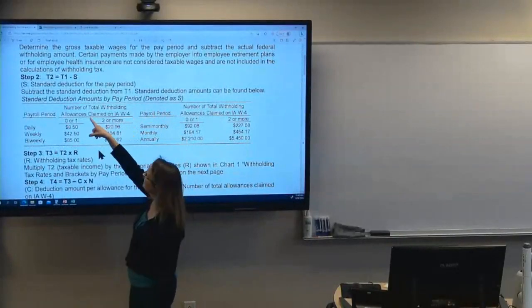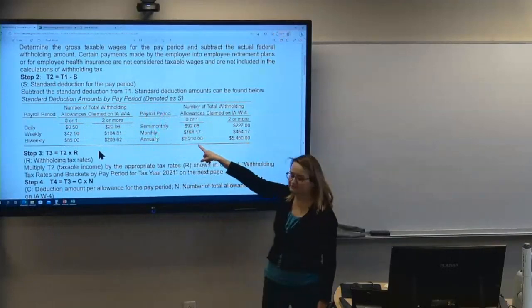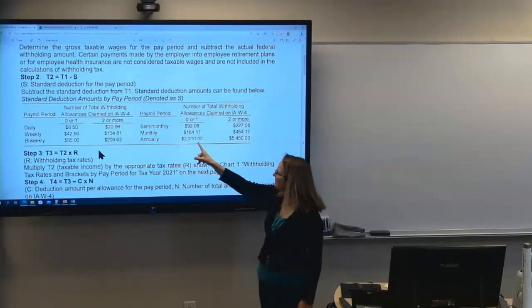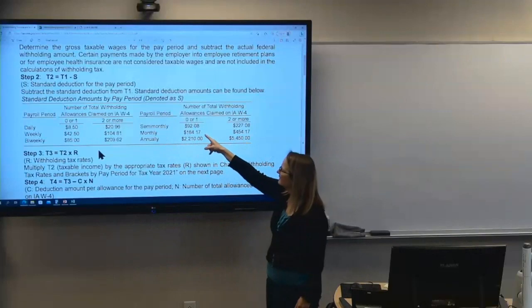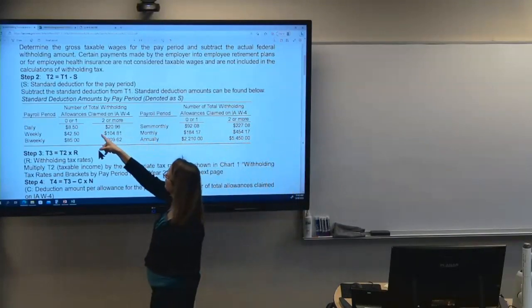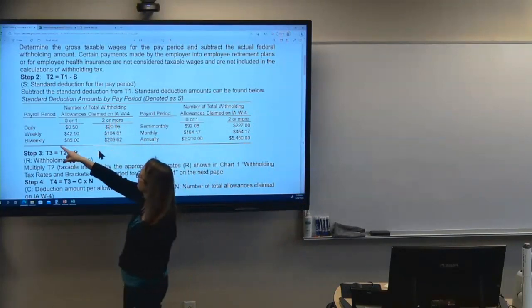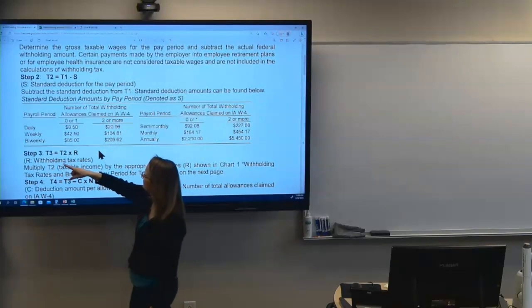All right, standard deduction amounts. They give you a table down here. These look kind of familiar. Not exactly the same amounts, obviously, but we've got specific standard deduction amounts that we get to subtract based upon our frequency.